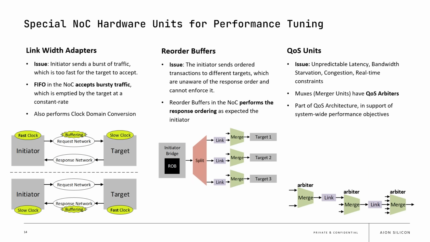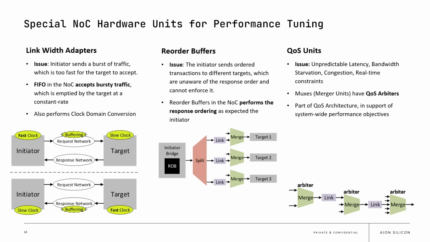So this is basically to support protocol compliance, whereby if you have an IP sending ordered transactions to several targets, in order not to have the transactions blocked waiting on previous responses to come back, the reorder buffer mechanism allows for sending those transactions in parallel, and then the responses are rearranged in the correct order before being sent back to the IP.